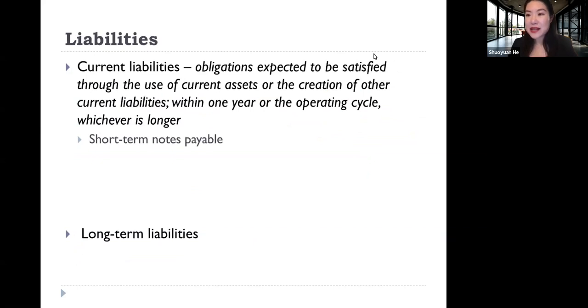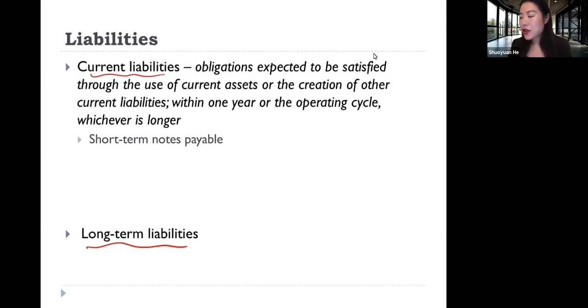And for liabilities, similarly, we have current liabilities and long-term liabilities. Current liabilities are obligations expected to be satisfied through the use of current assets or the creation of other current liabilities within 1 year or one operating cycle, whichever is longer.